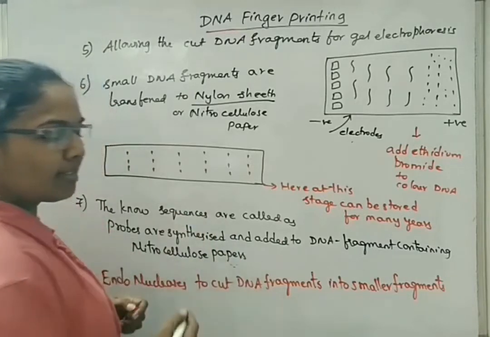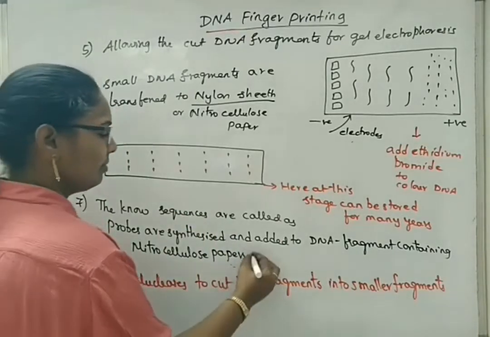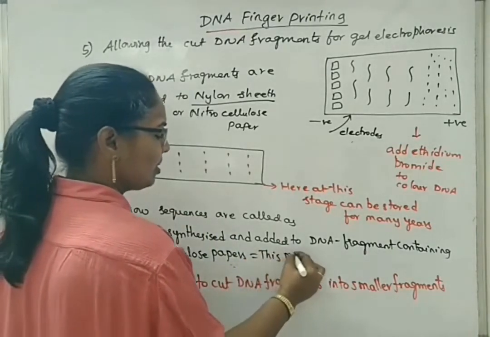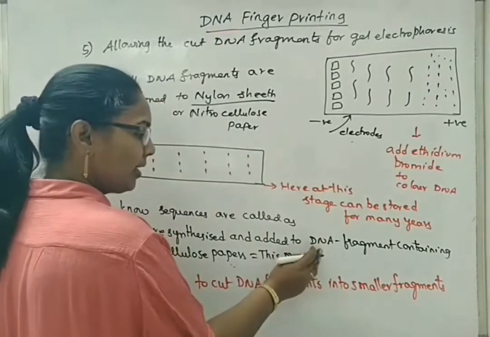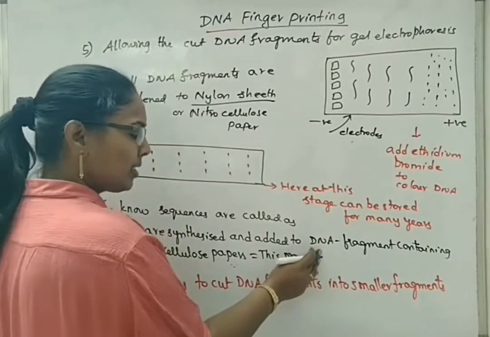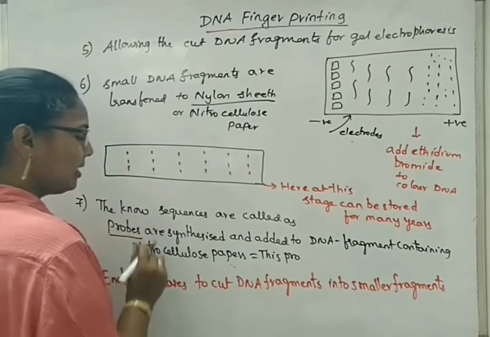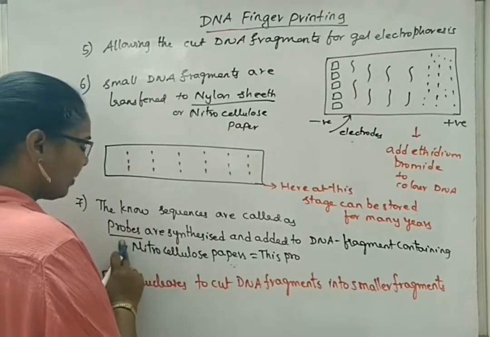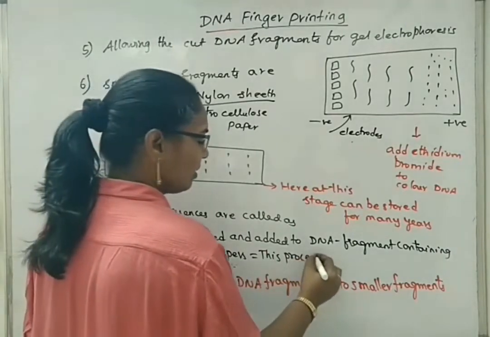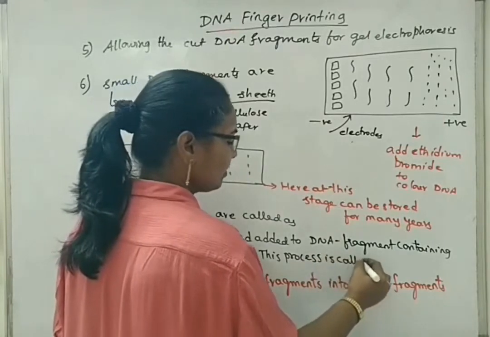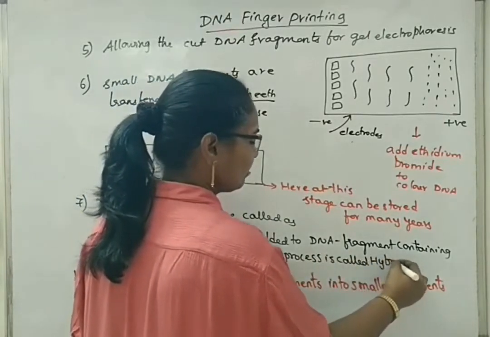This process is called hybridization. This means we are adding the unknown DNA fragment sequences with known DNA fragments that are called probes. This process is called hybridization.